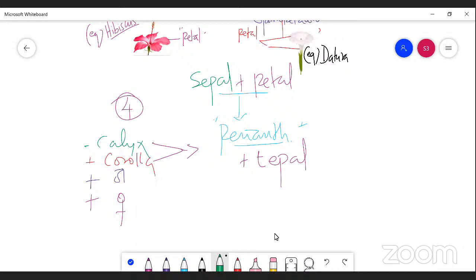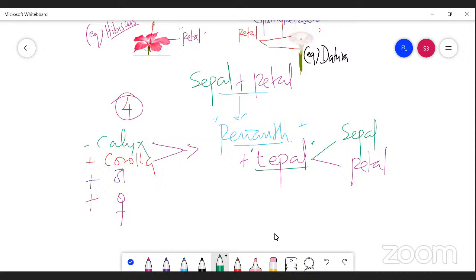Repeatedly I am saying, my dear student, please understand, tepals are a modification of sepal and petal. Here it is not differentiated into sepal and petal. Instead, we use the word tepal. The tepal is the outermost whorl of a flower.